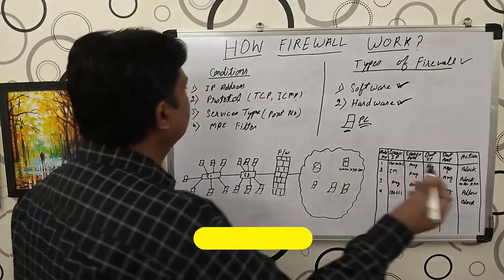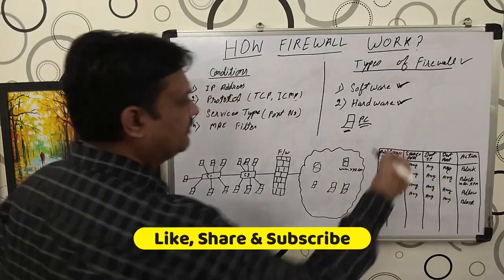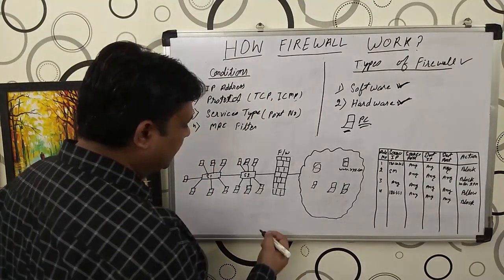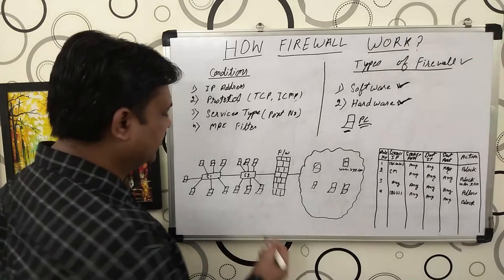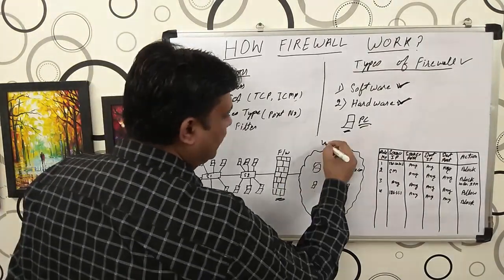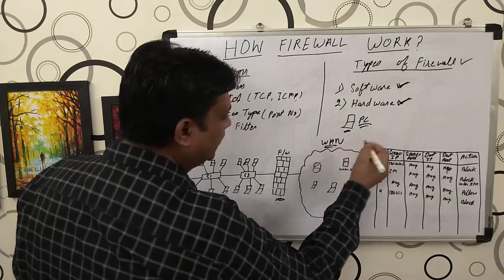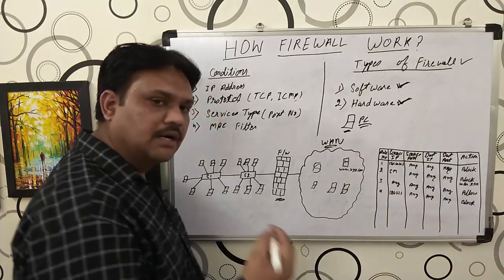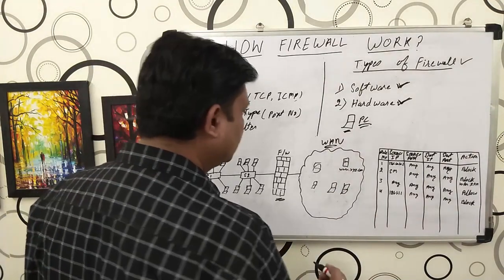Now let's talk about the hardware firewall, right? As I said, a hardware firewall can protect your local area network. So here is a firewall, this is the WAN, or you can say the internet. Of course the internet is known as an unsecure network, right?